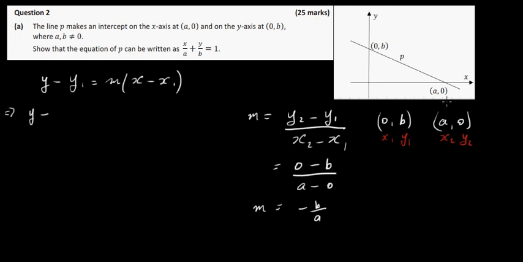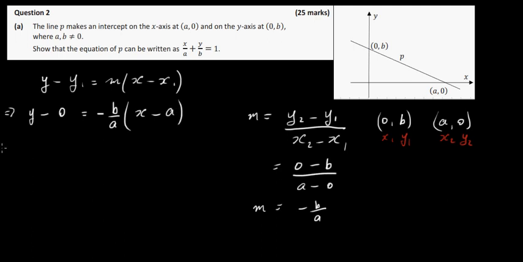It doesn't really matter which one you use, but let's use (a, 0). So a is my x1 and 0 is y1. The m we've worked out as minus b over a, and then we have x minus x1, which in this case is just a.